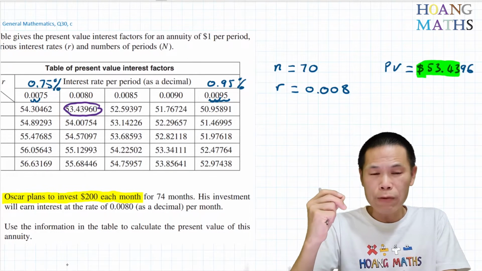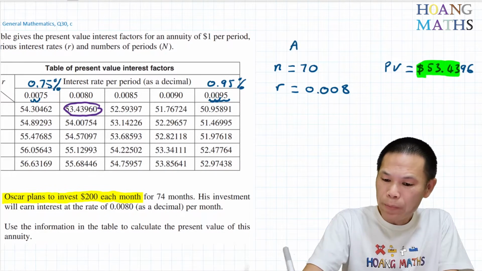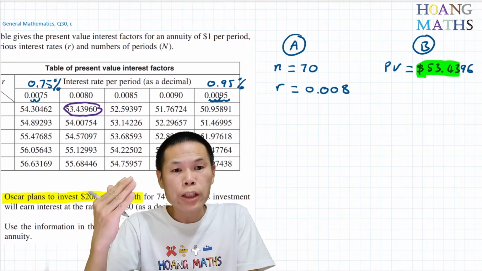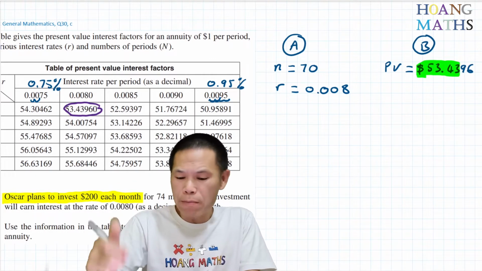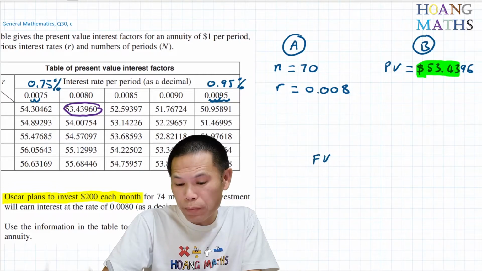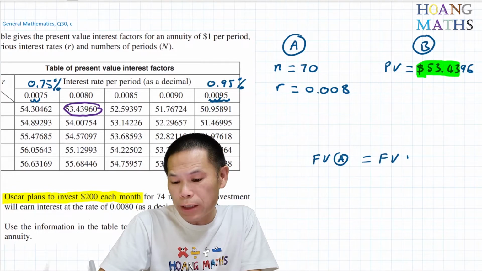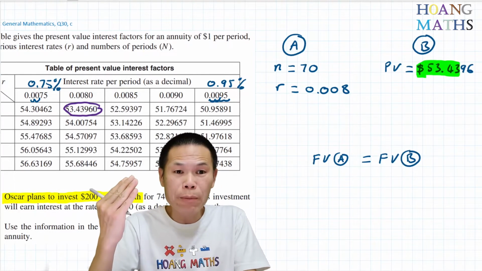Let me write this as investment type A and investment type B. At the end of 70 months, the future value of investment type A is exactly the same as the future value of investment type B. So please keep that in mind.